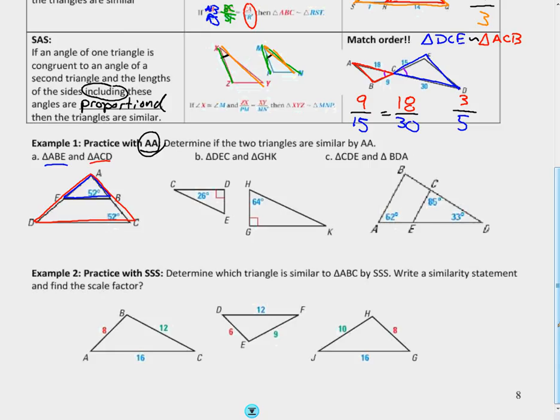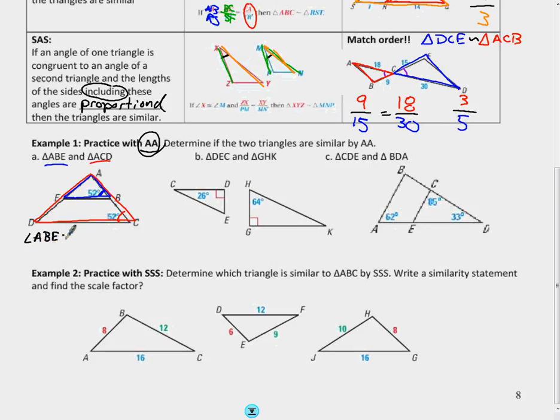So that would make B equal to angle C. But you have to be careful about how you name angle B. If I stand at vertex B, I have 3 angles that I can choose from, so I have to pick the specific angle name. Technically, angle ABE is congruent to angle C.